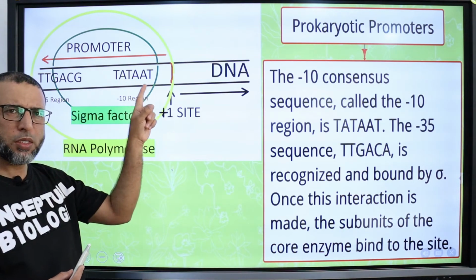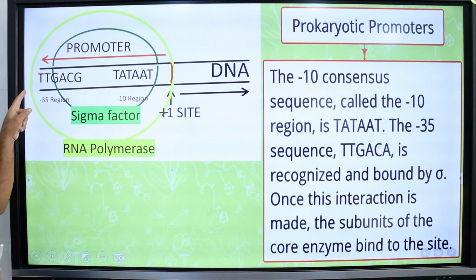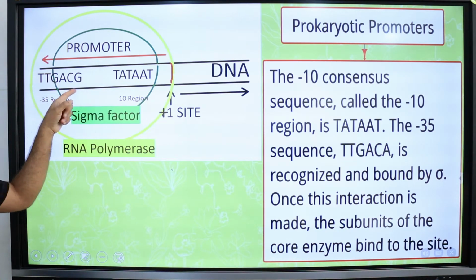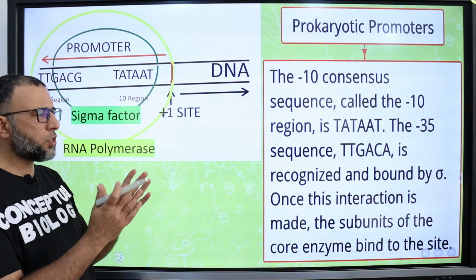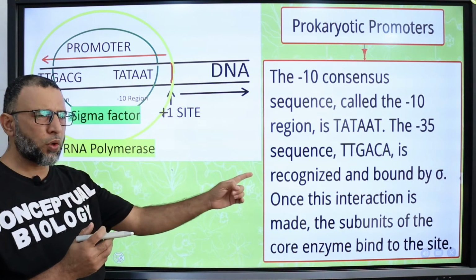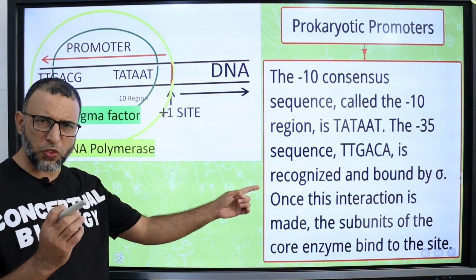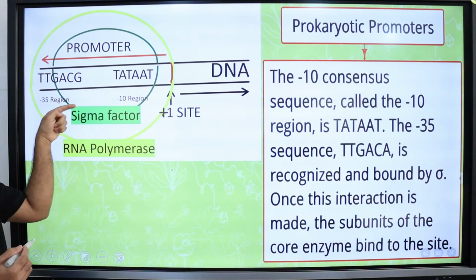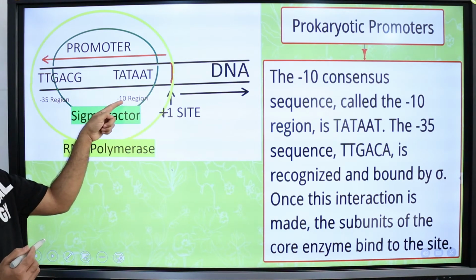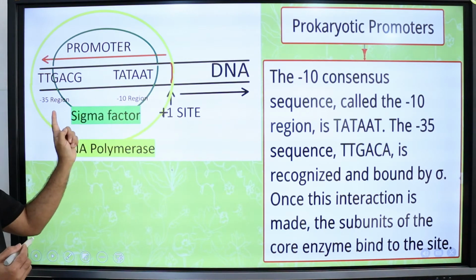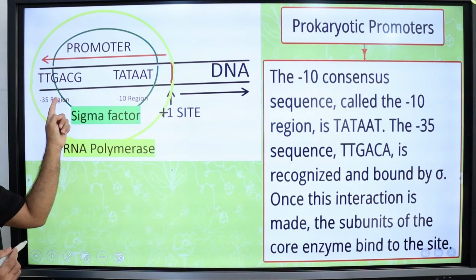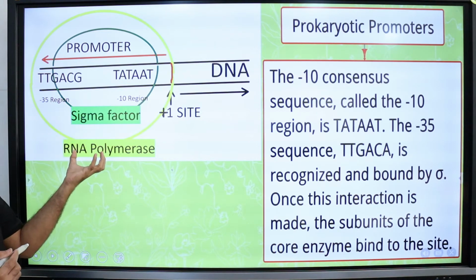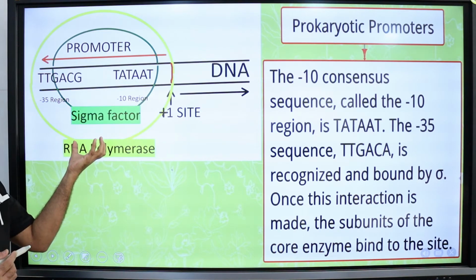And the -35 consensus sequence, called the -35 region, is TTGACG. These sequences in the promoters are recognized and bound by the sigma subunit. Once this interaction is made between the sigma factor and the -10 region or -35 region, then the core enzyme binds to the site.